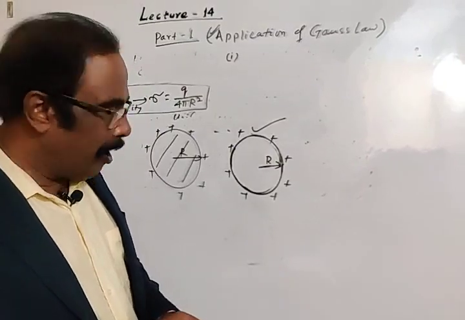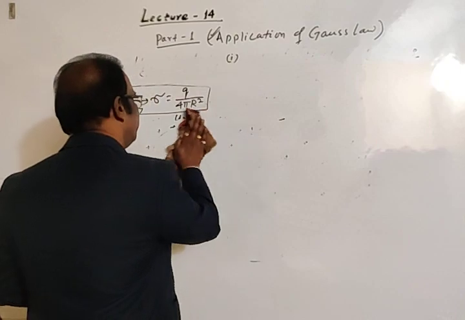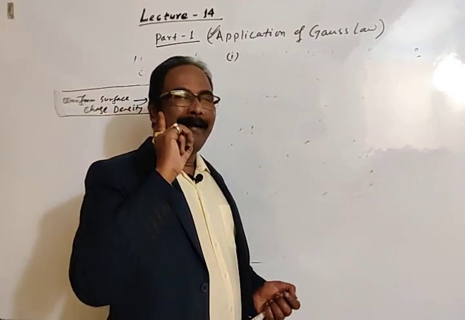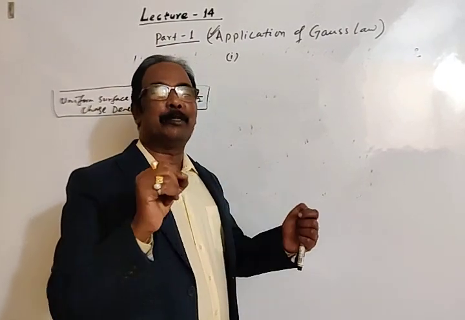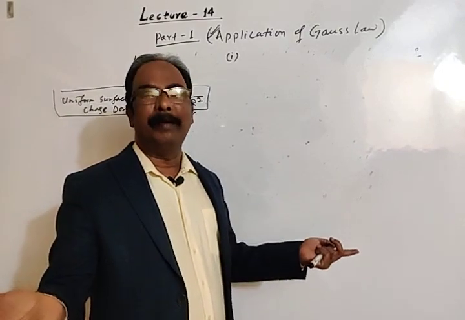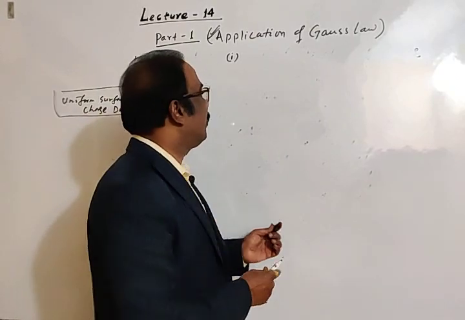Okay. Then our first step. Number 1, for solid conducting sphere or thin spherical shell or hollow sphere, may be conducting or may be insulating, answer or expression will be same.